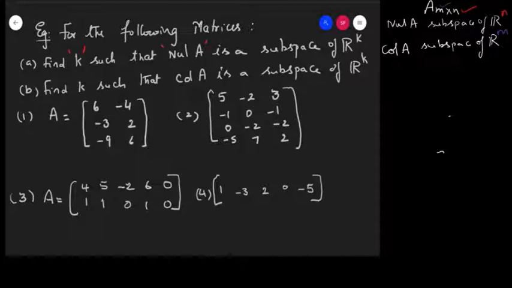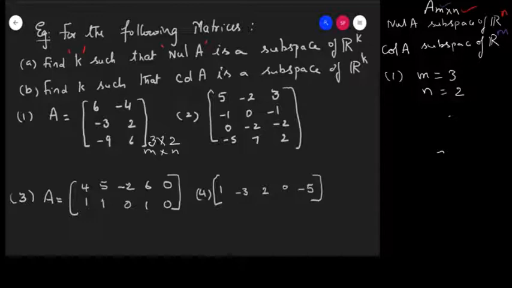Now let us look at the first one, A. What is its order? It is a 3 by 2 matrix. So here you have m by n. For the first question, m is equal to 3 and n is equal to 2. Now what is A bit answer? Find k such that null A is a subspace of Rk.